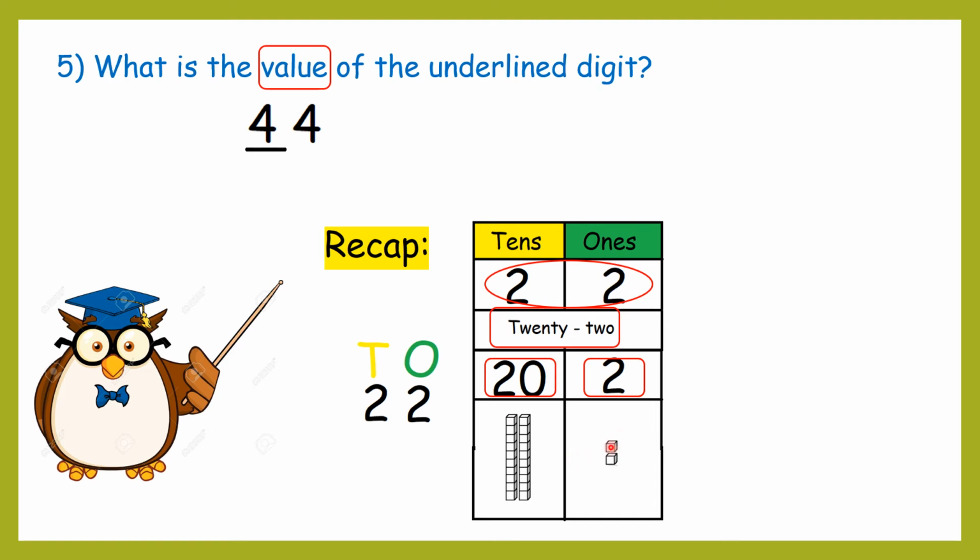And here we have only 2 blocks, so it's only 2. So again, the value of 2 tens here means 20, and the 2 ones here means 2. Now answer number 5. What is the value of the underlined digit?